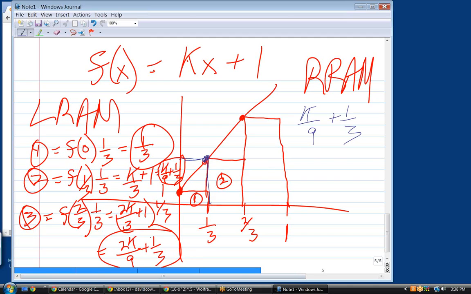Rectangle number 2 would be 2k over 9 plus 1/3. And rectangle 3, I start by making the upper right corner of the rectangle fall on the curve. There's your 3 rectangles for right ram. And this one is f of 1, which is k plus 1 times 1/3, so it's k over 3 plus 1/3.